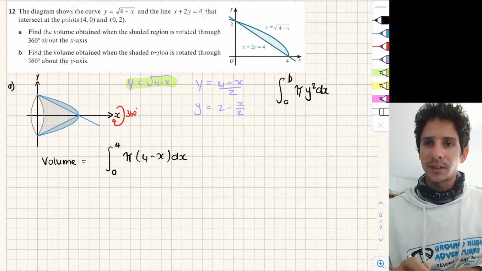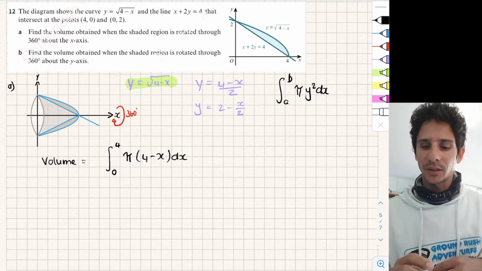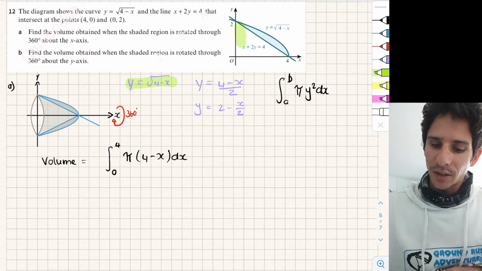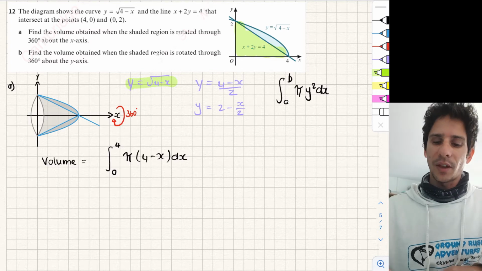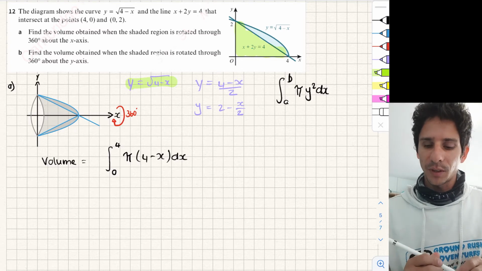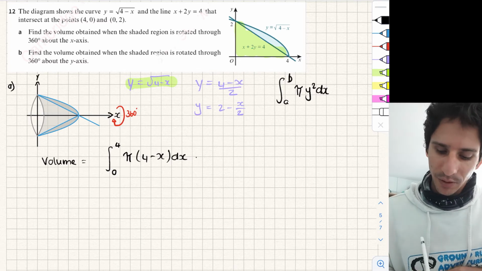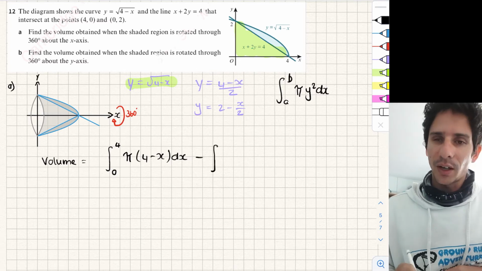Except that's now the volume of that entire solid. In other words, if I had to shade the entire region underneath this graph, that is what this will give me. But I don't want that. I want to take away the volume of that cone.